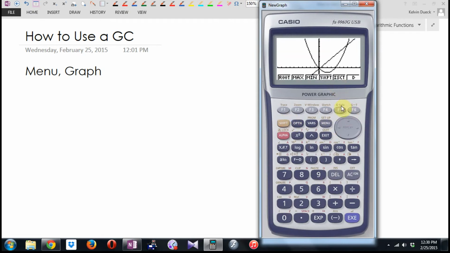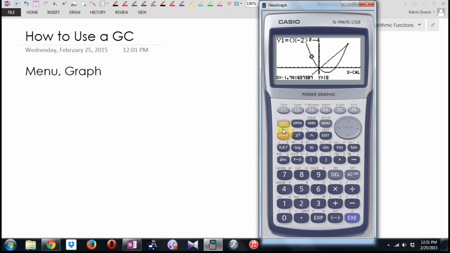G-solve. Arrow sideways to bring up these values. And I want to do an X calculation, which is F2. Then I have to tell it which equation to pick. I'm going to pick this one, so I'm hitting execute. I have to let it, because there's two equations, and it's saying, which one do you want me to use?